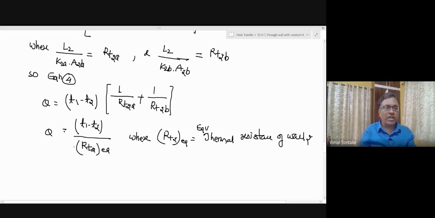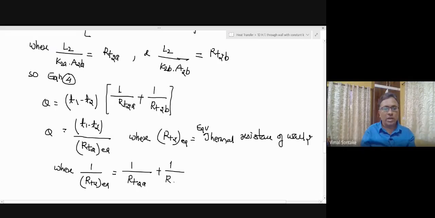So how can I give the equivalent thermal resistance? 1 upon RT2 equivalent is equal to 1 over RT2A plus 1 over RT2B.